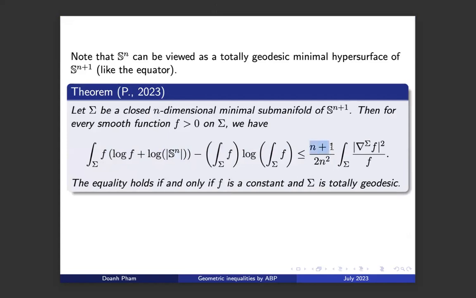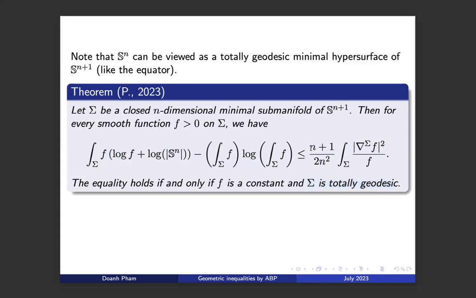However, the constant on the right-hand side is not as sharp. However, we still have the rigidity statement: the equality holds if and only if f is constant and sigma is a totally geodesic n-sphere.